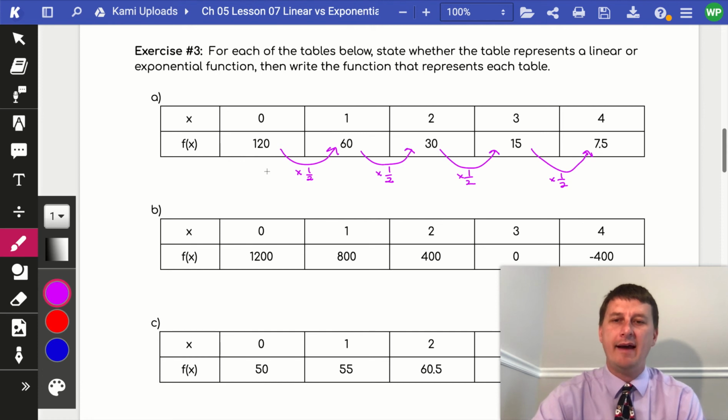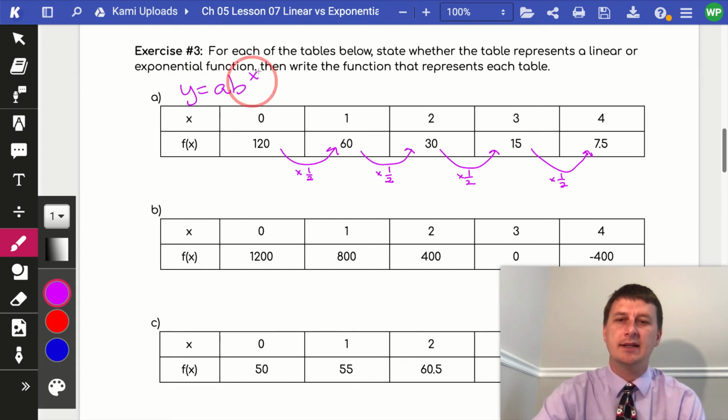So we have, in fact, enough information here to write our exponential function, which again, the general form is y equals a times b to the x, where a is your initial amount, where x equals 0. So we know our initial amount is 120, times our growth or decay factor, which in this case is 1/2 to the power x.